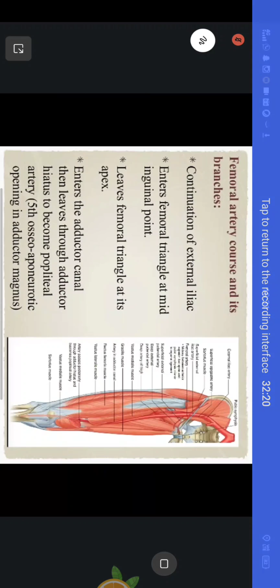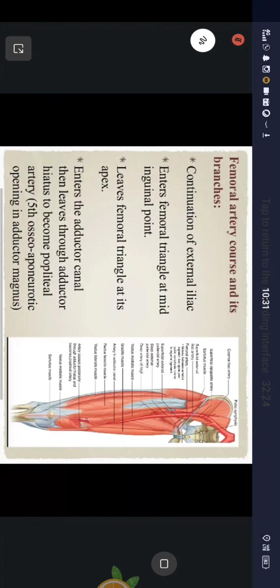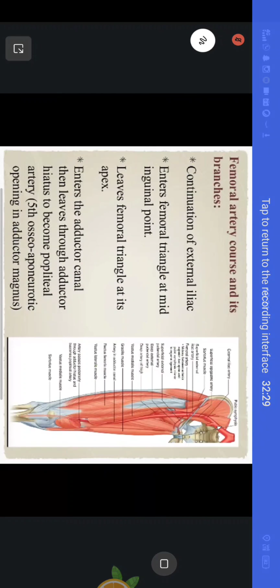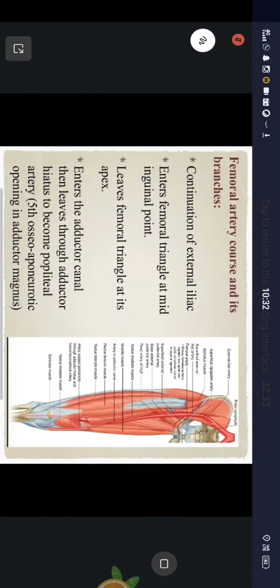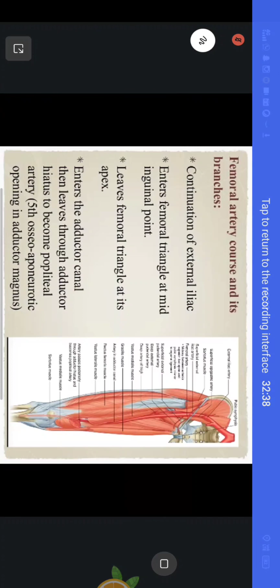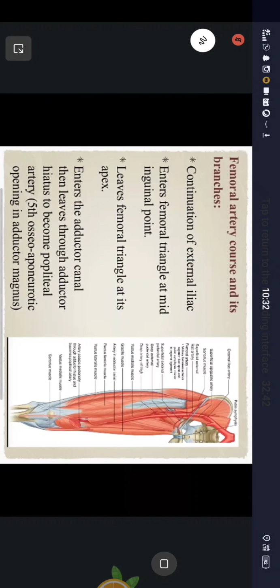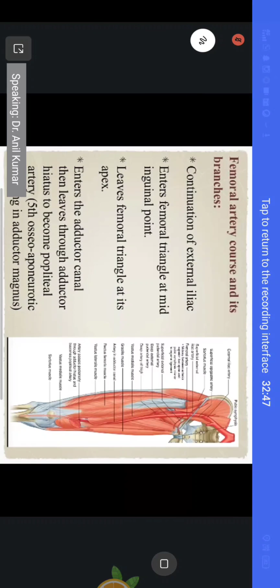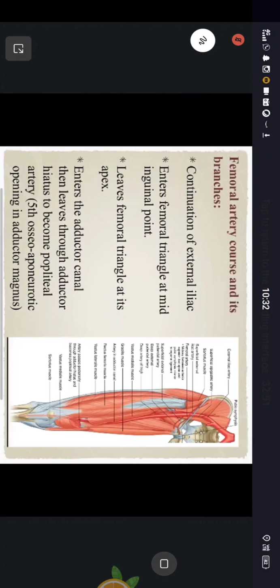First, the femoral artery. Here in the diagram, you can see it in red. It is the continuation of the external iliac artery. It enters the upper thigh, into this femoral triangle, exactly near the mid-inguinal point and below the inguinal ligament.